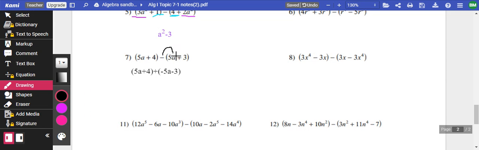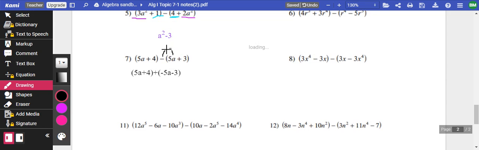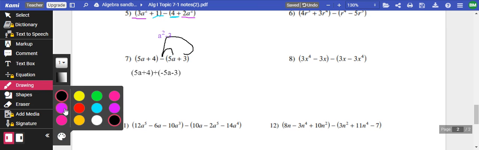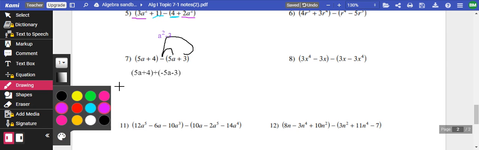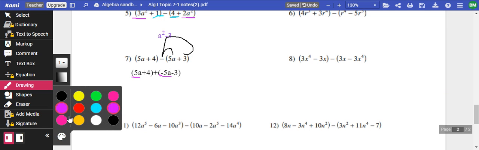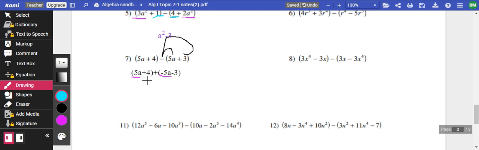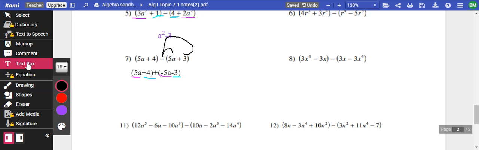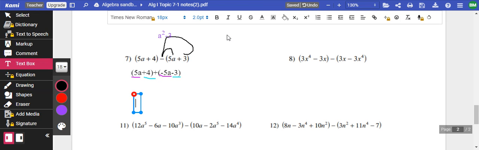It's like I multiplied each of these by a negative. So then I know my 5a's go together, 5a and negative 5a, and I know my 4 and negative 3 go together because they don't have an a or an exponent. And I'm just going to get 5a plus negative 5a is 0, and 4 minus 3 is 1. So that's my final answer.